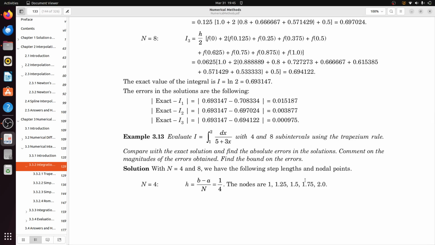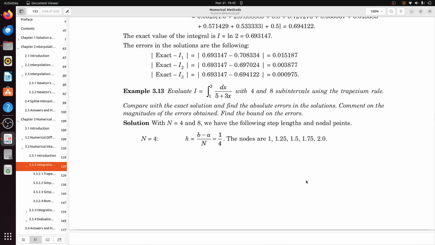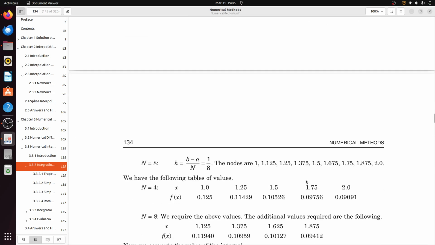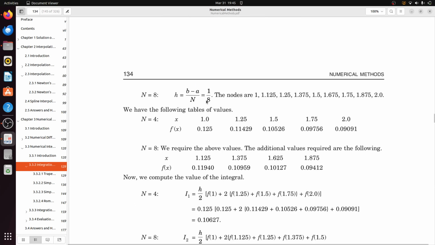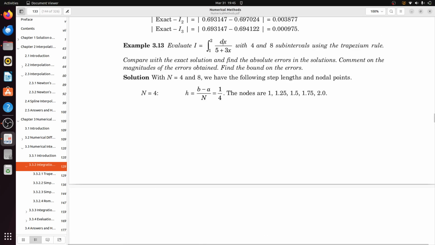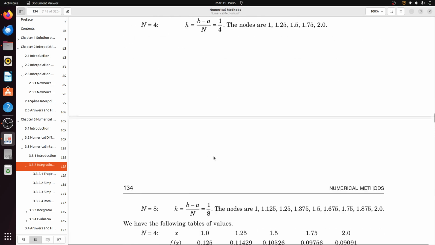Very easy problem, not that tough. Okay, so for n equal to 4, your h will be 1 by 4. So the nodes will be 1, 1.25, 1.5, 1.75 and 2. Now at these points, you compute the functional value, that is 1 by 5 plus 3x.